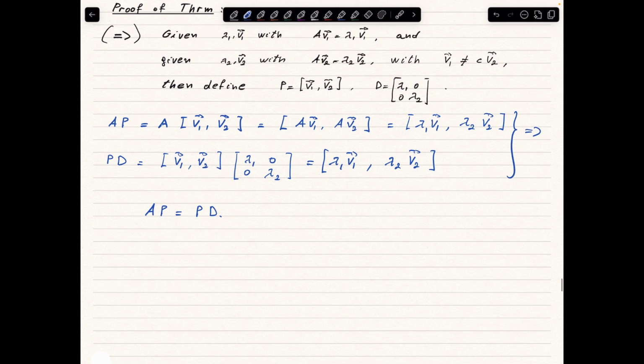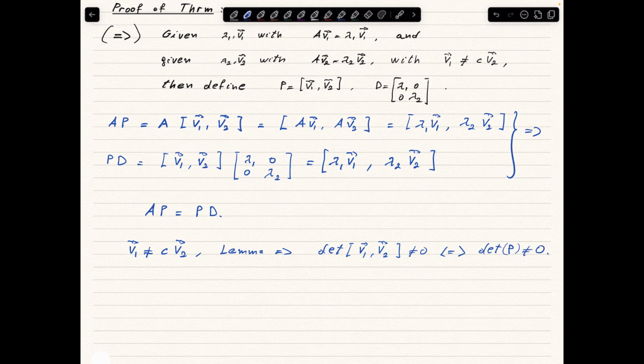Alright, but now we know that the other hypothesis we have is that v1 is not proportional to v2. Well, the lemma we have proven implies that the determinant of this matrix that has v1 and v2 as columns is different from 0, which is equivalent to saying that the determinant of P is different from 0.